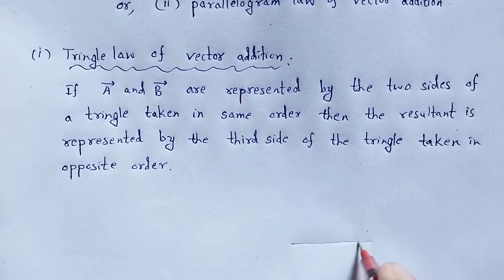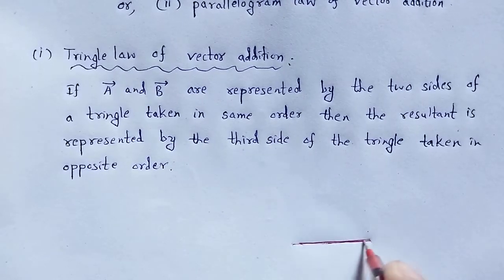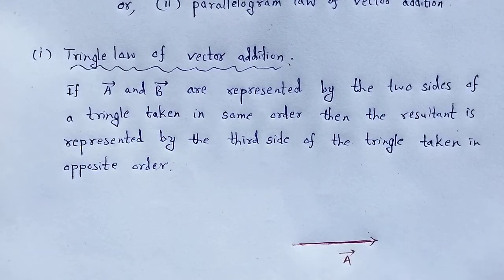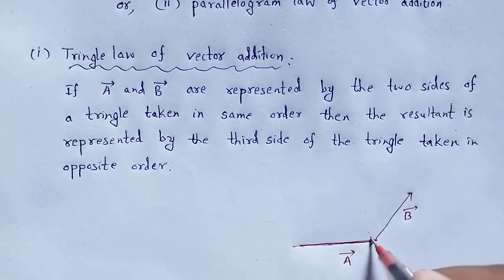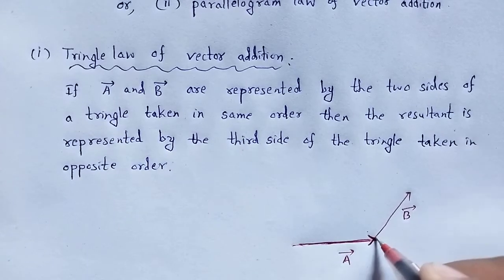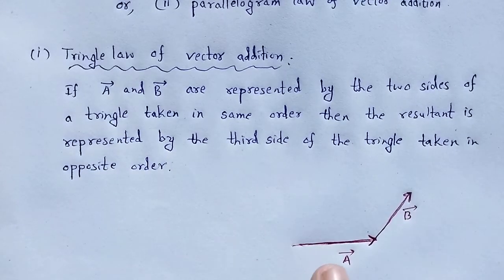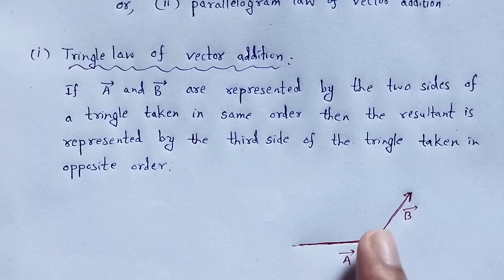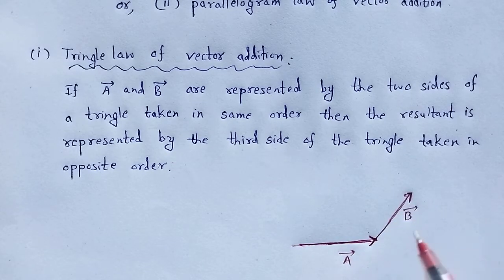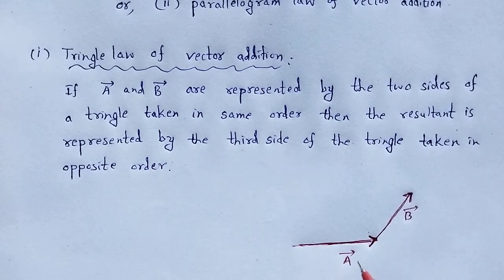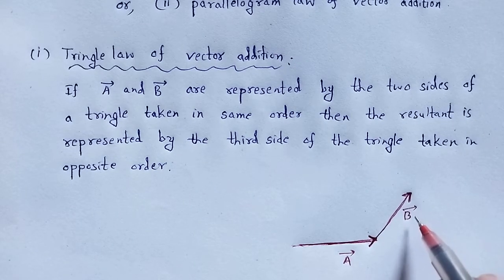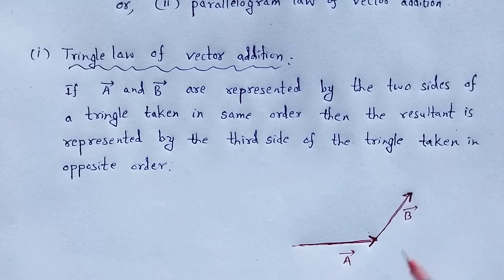Let this be A vector and that be B vector. A vector and B vector are the two sides of a triangle taken in the same order, direction of A and direction of B. That means the order is the same.